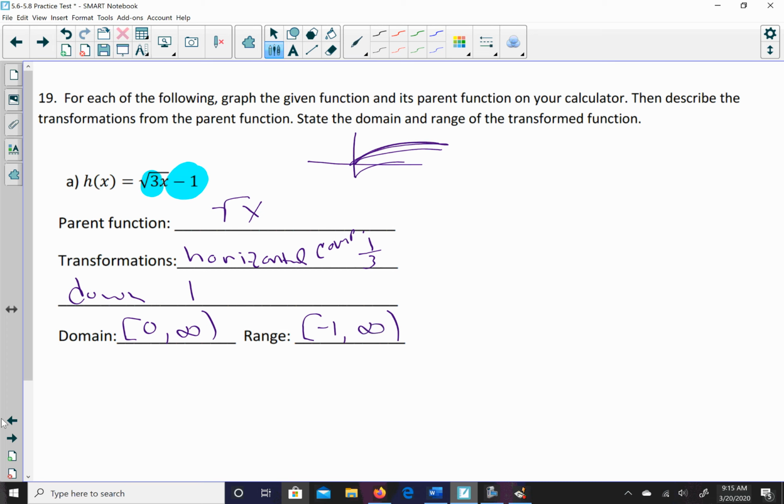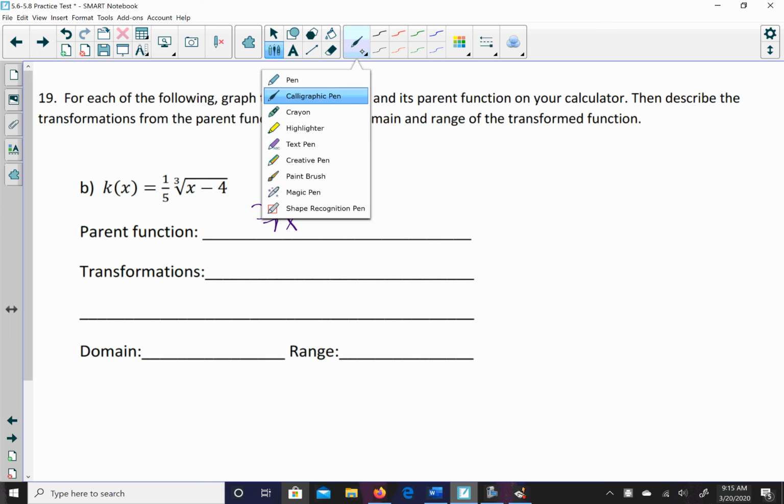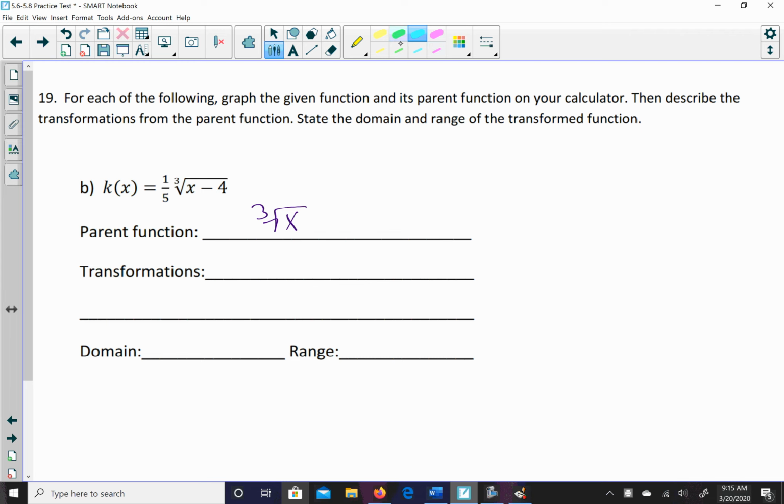Okay, looking at the last one, I have the cubed root of x as my parent function. To find the parent function, I'm just looking at just the variable by itself without any of the numbers. So now my transformations are going to be this 1/5 and this -4.